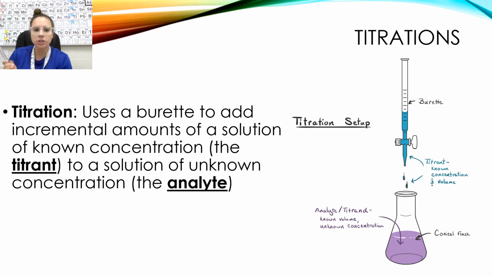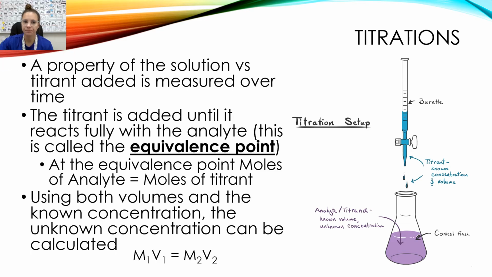So a titration uses a burette to add incremental amounts of a solution of known concentration, and we call what's in the burette the titrant, to a solution of unknown concentration. We call that the analyte. So it's an analytical process that allows us to determine an unknown concentration.